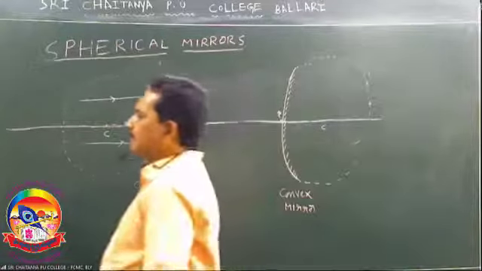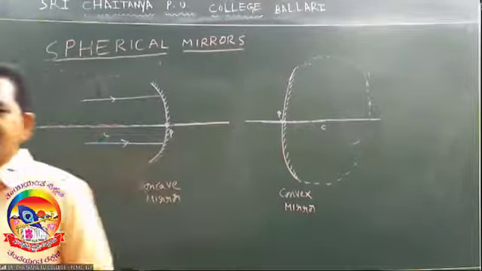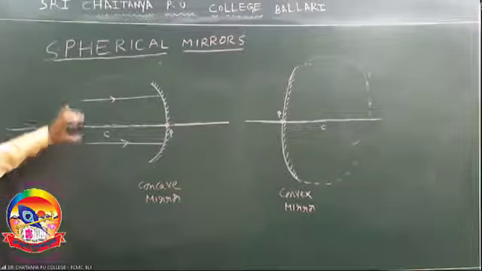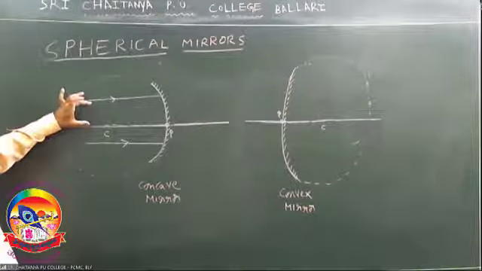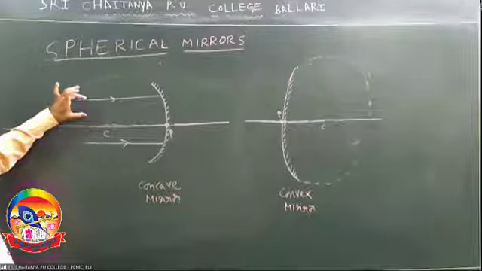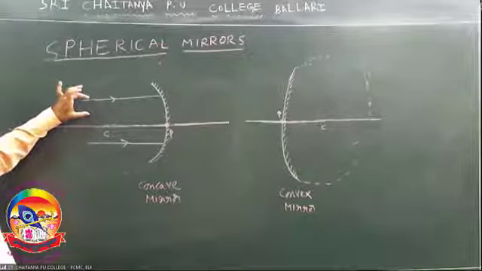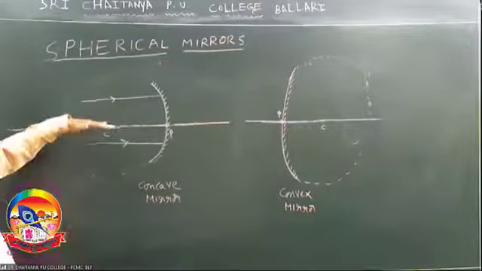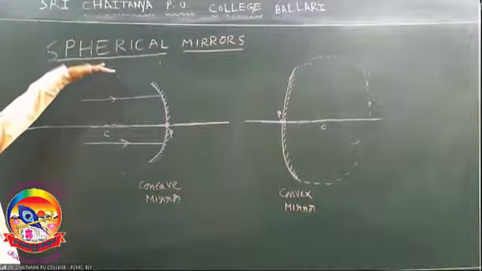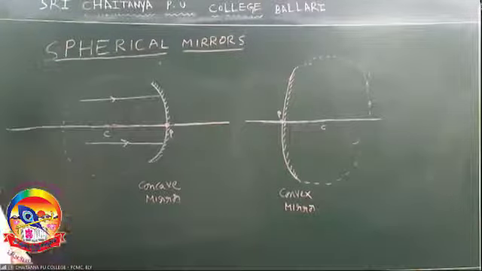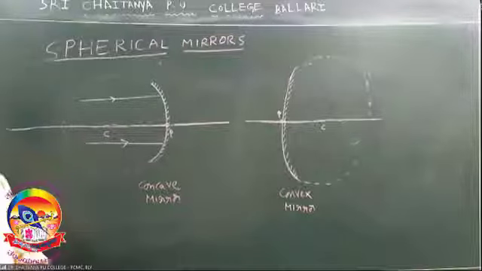One, the paraxial rays. Second one, marginal rays. The light rays which are falling very near to the principal axis are paraxial rays. Marginal rays, the light rays which are falling far away from the principal axis, are marginal rays.